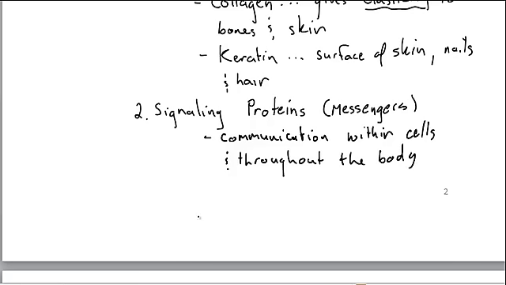And some examples are things like some neurotransmitters in our nervous system, and some hormones in our blood.